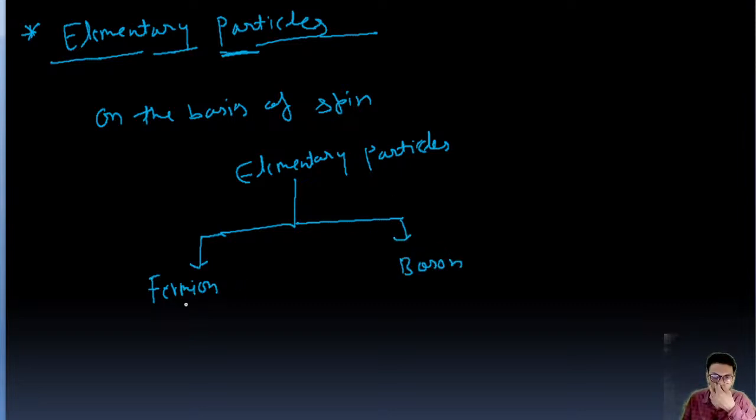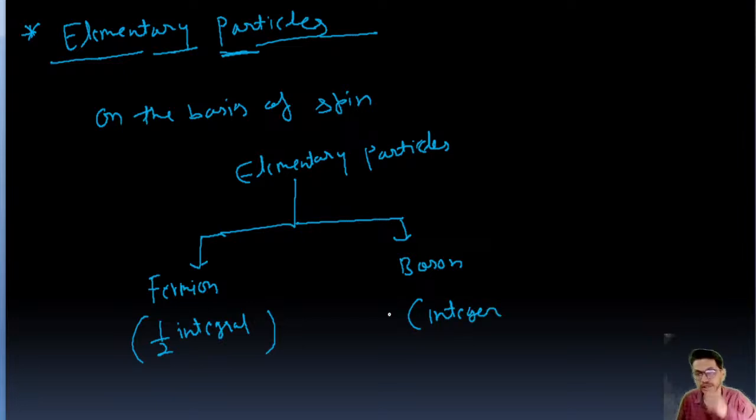Fermion means spin is half integral, and for boson the spin is integer. So this is the classification of elementary particles on the basis of spin.